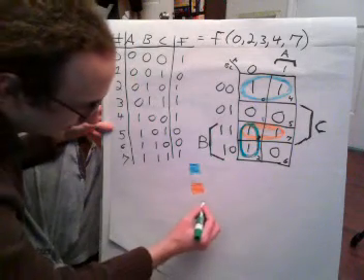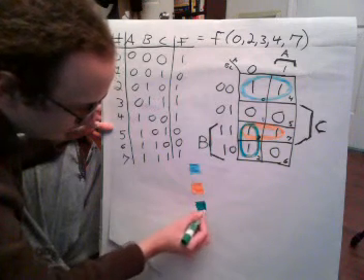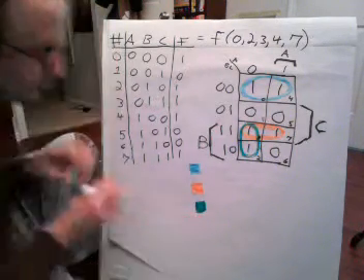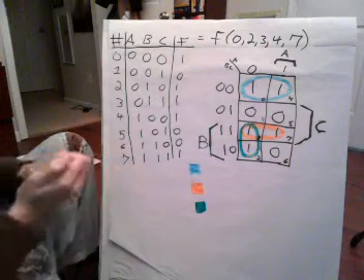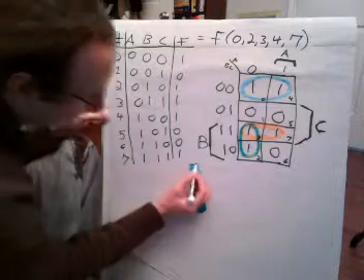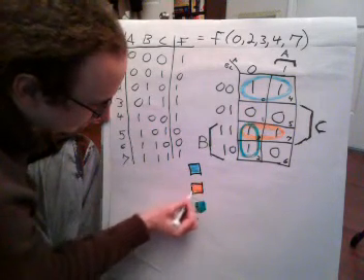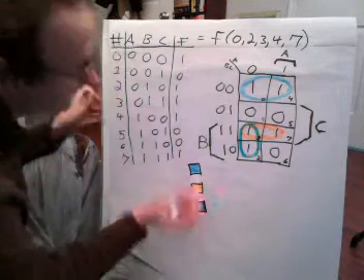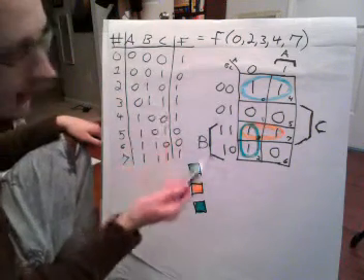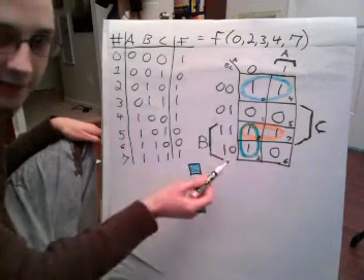And so this will be my green expression. So now I go through with an eye looking at which columns and which rows are true in each of these cases.